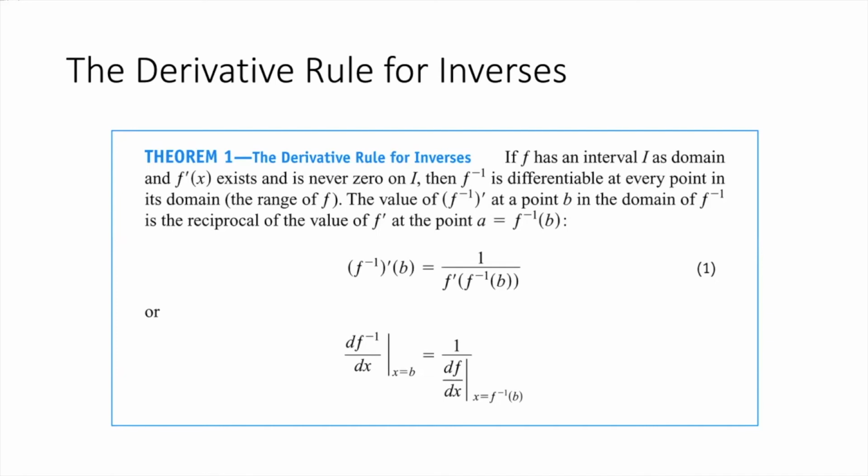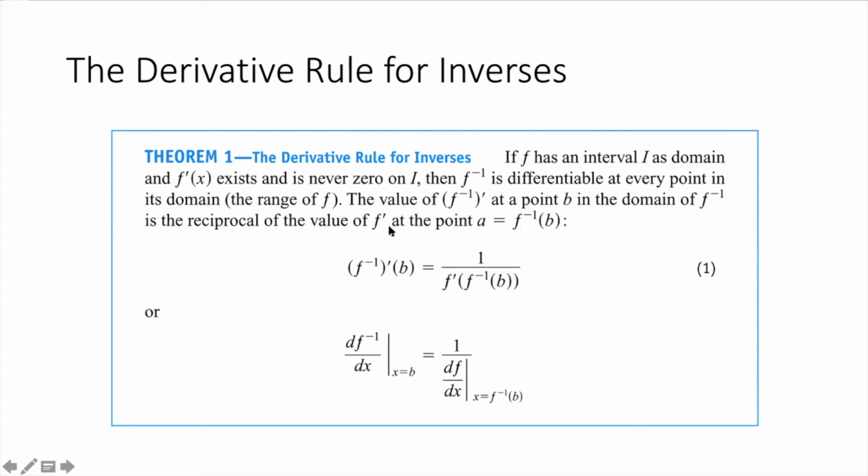The value of the derivative of f inverse at a point B in the domain of f inverse is the reciprocal of the value of f prime at the point A, which is f inverse of B. So in other words, the derivative of f inverse of B is equal to 1 over f prime. And I don't like when they write it like this. So if you're taking notes, why don't you write down 1 over f prime of A?